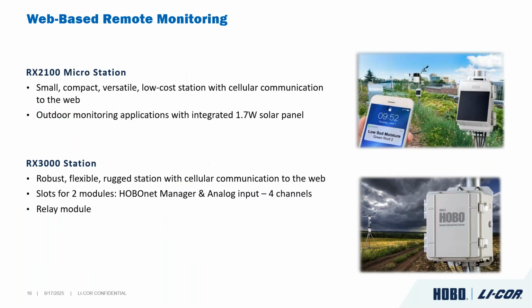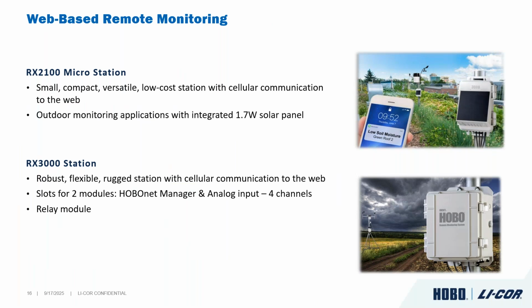Moving on to our web-based remote monitoring systems. These are going to be our cellular systems. So this will require an annual service plan. And the service plans all depend on a number of different things. We have a few different options to choose from, currently 3 service plans.